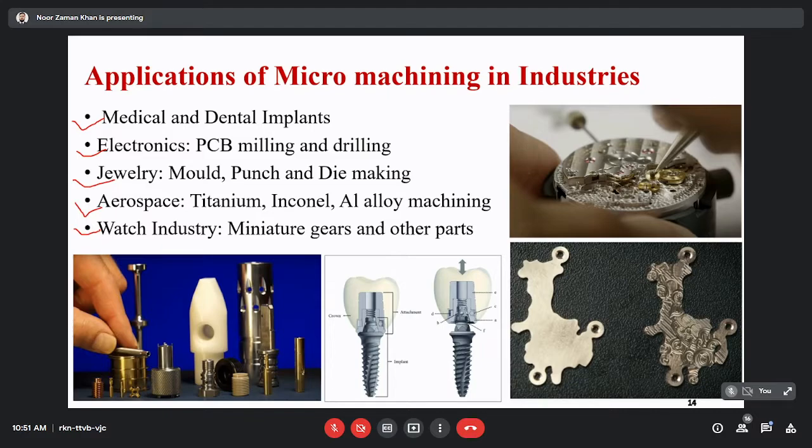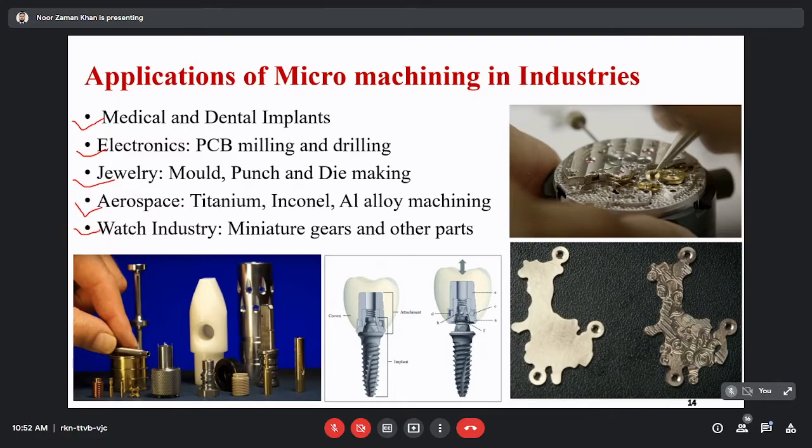If you talk about aerospace and automobile industries, these are at the forefront in the application of micro products. These industries are highly involved in using micro or miniaturized components in various parts.